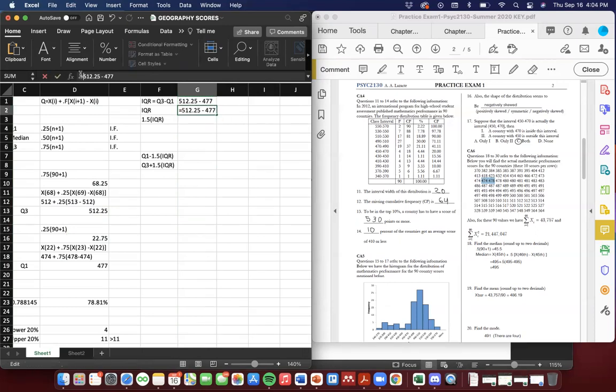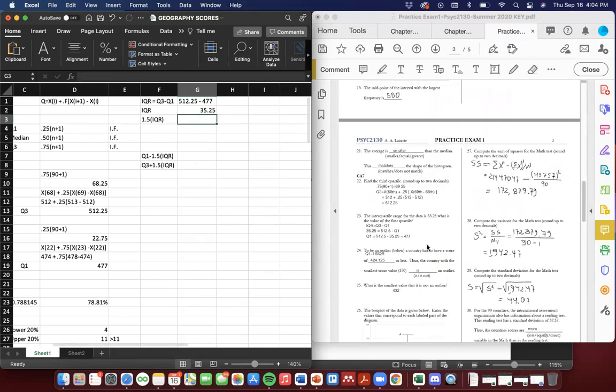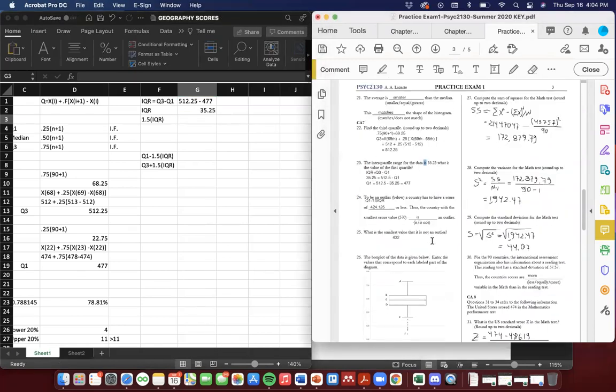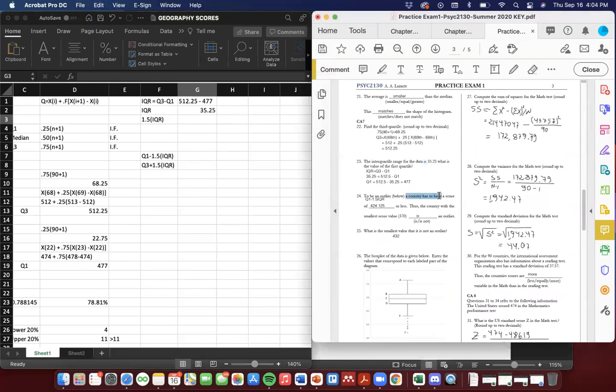Interquartile range is 35.25. Is that 35.25? Yes, 35.25. To be an outlier, a country has to score Q1.